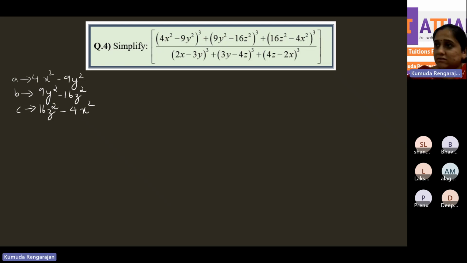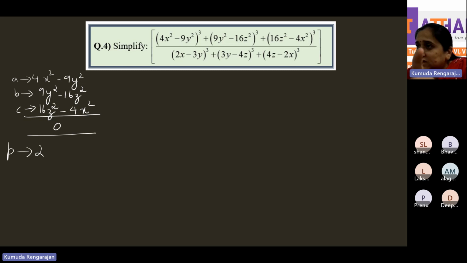You should add, right? When you add, what happens? 4x square minus 4x square, minus 9y square plus 9y square, 16z square minus 16z square. It becomes 0. So A plus B plus C is 0. Now we'll check the denominator also. Denominator, we're calling it P cubed plus Q cubed plus R cubed. So what is P? Cover the power 3.